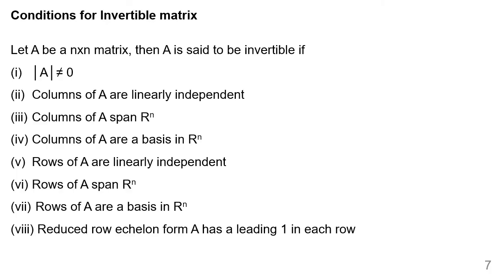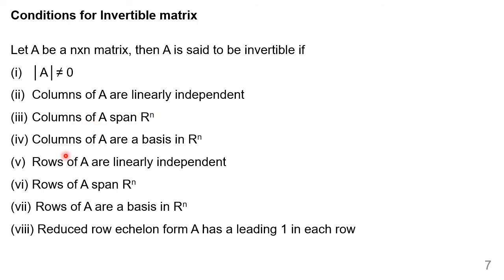A few conditions for an invertible matrix are as follows. Let A be an n cross n matrix, then A is said to be invertible if: first, determinant of A should not be equal to 0. Second, columns of A are linearly independent. Third, columns of A span Rn.